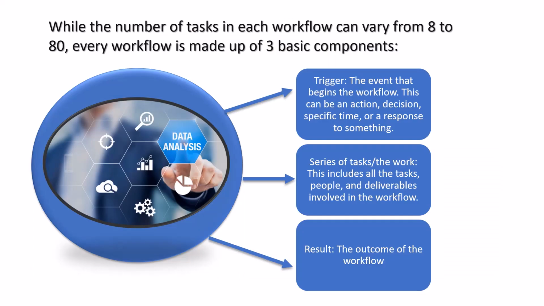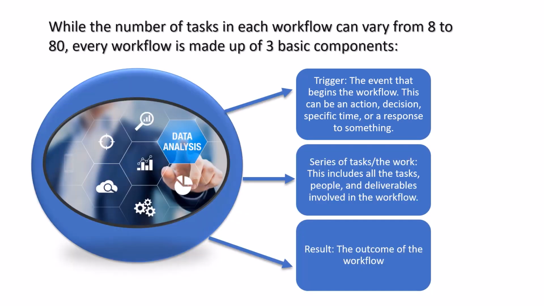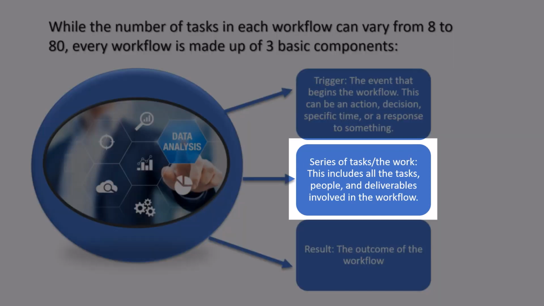While the number of tasks in each workflow can vary from 8 to 80, every workflow is made up of 3 basic components. We begin with what triggers the workflow, or what makes it start, and that is the event that begins the workflow. This can be an action, decision, a specific time, or a response to something. The work is comprised of a number of tasks, or a series of tasks.